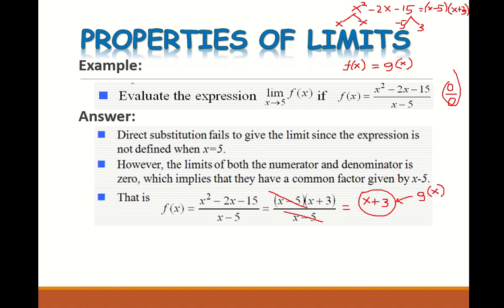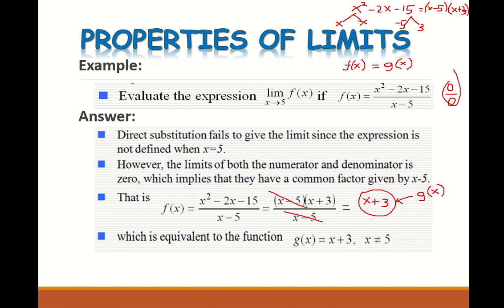This is the result after we evaluate this fraction. We applied factoring here, and we have a common factor at the numerator and denominator. So x minus 5 divided by x minus 5 is 1, and 1 times x plus 3 is x plus 3. So this is our g of x, which is the function g of x equal to x plus 3.